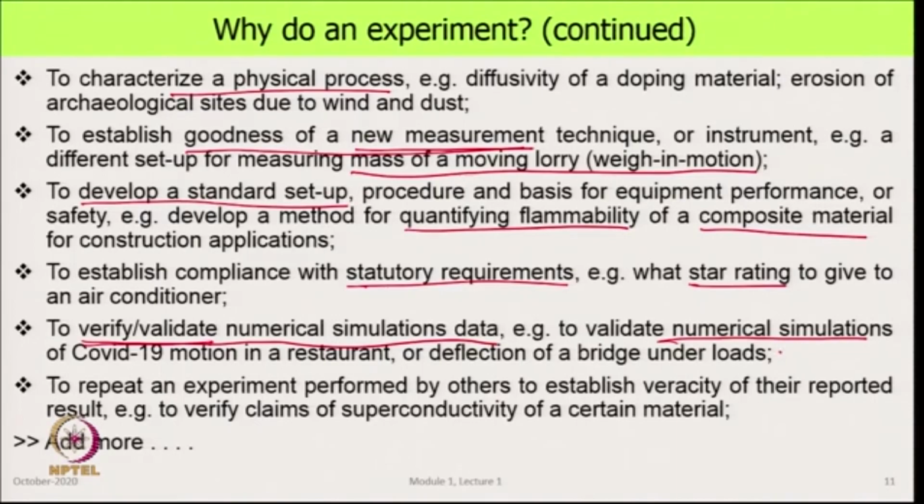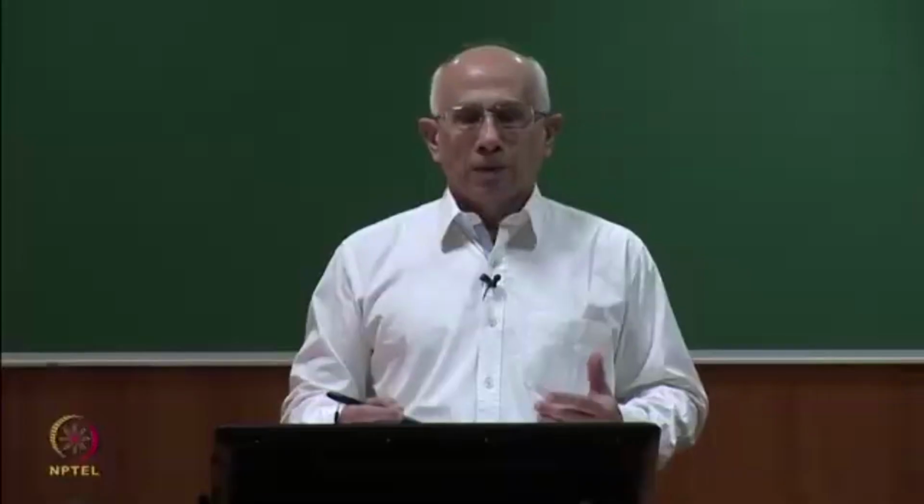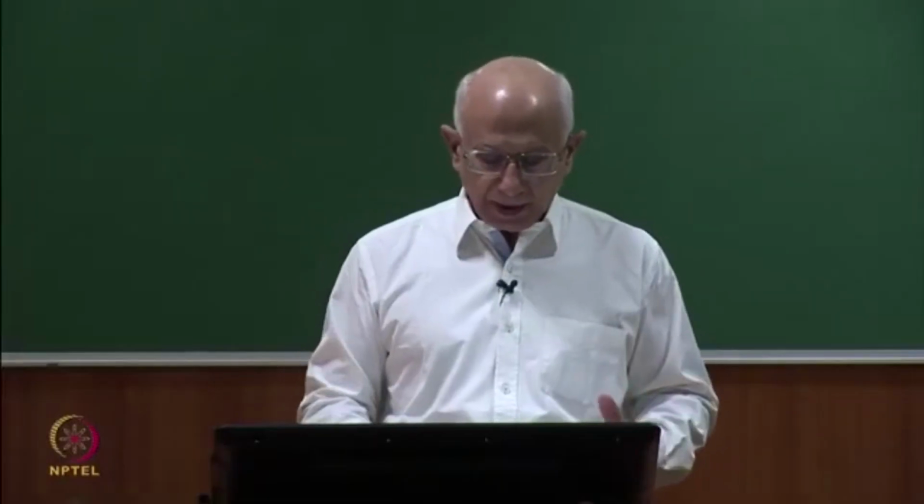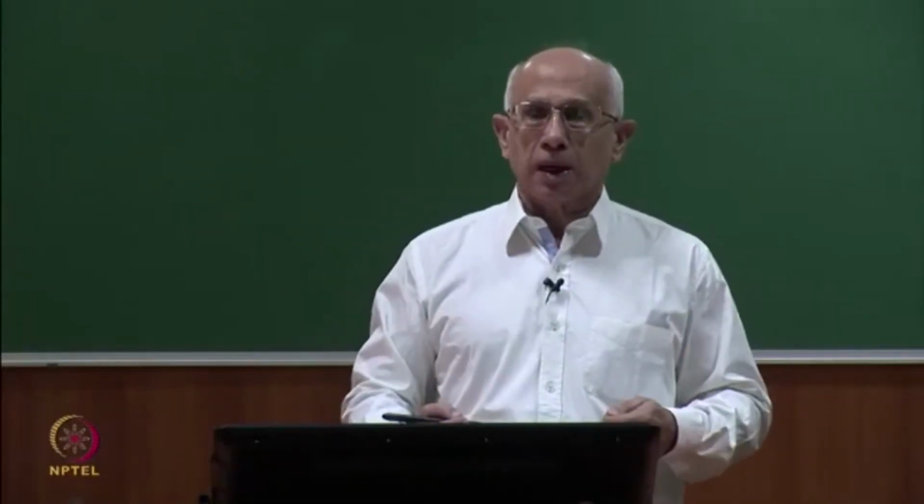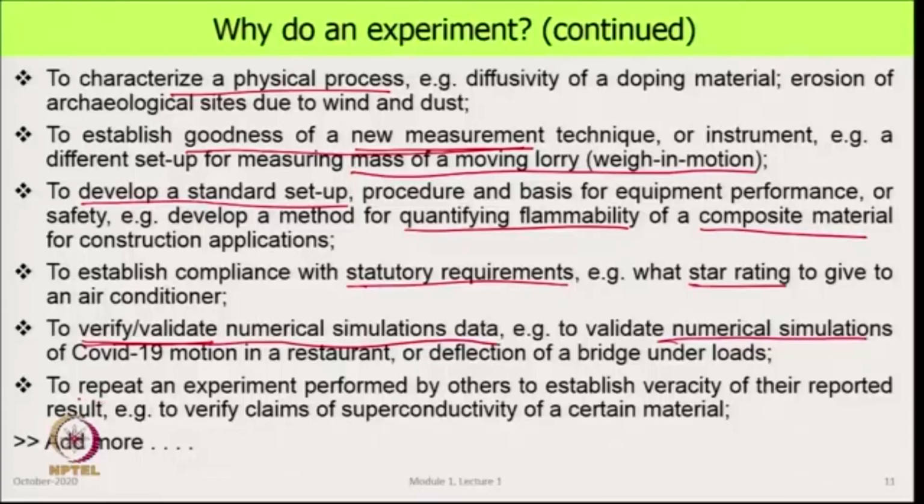And finally, there is one more reason that I put, is that if you have done an experiment which is very novel and reporting something for the first time, the community at large in the world will accept it only after they are able to repeat it and confirm your result. So, that is another reason for repeating an experiment, that you want to repeat it exactly as somebody else did whom you do not know.